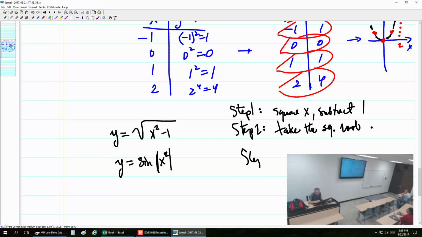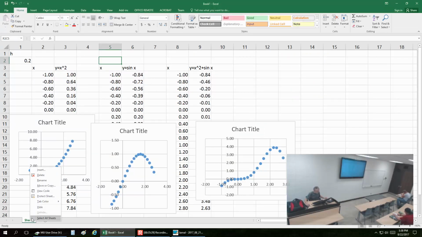Step one, square x. Okay. Step two, take sine of the outcome. Okay. So let's compute using this data. Copy this.